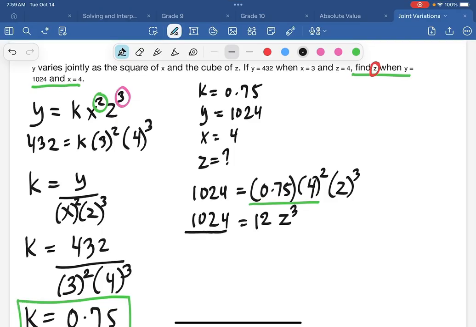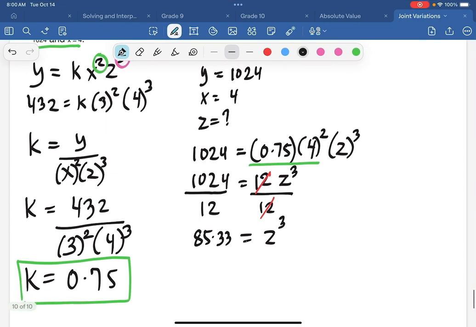So divide both sides by 12, so they cancel, and we are left with z cube, and then 1024 divided by 12 is 85.3, and then 3 is repeating, so let's just write 85.33.